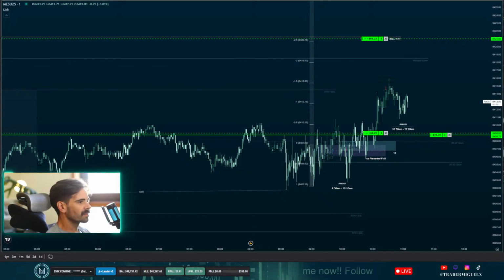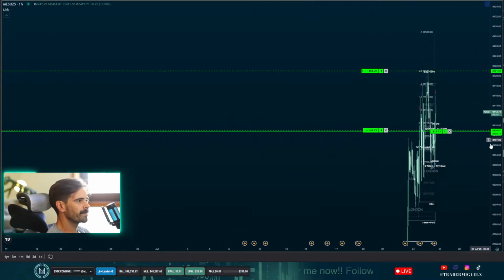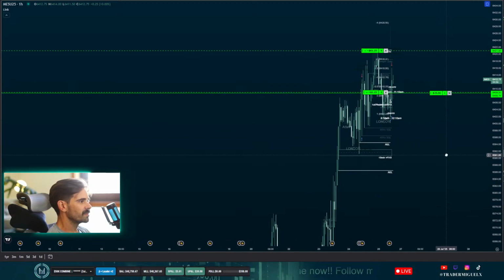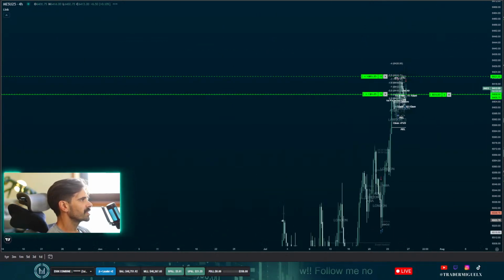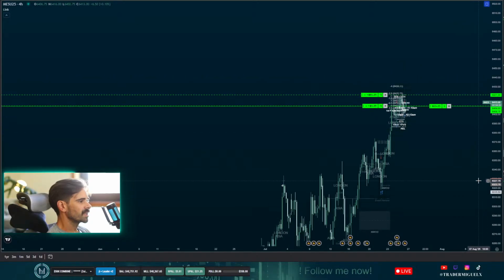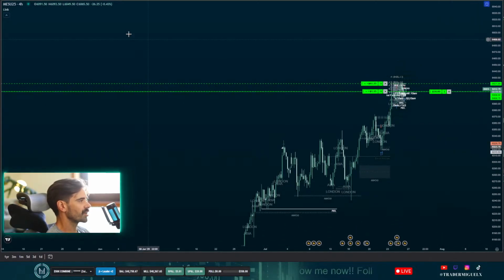And the long moves tend to be slow but steady, and usually they are paired with deep retracements. It's not the case here on ES, but I tend to struggle with longs in general.